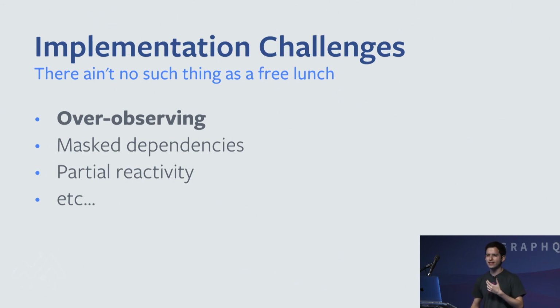Because you're working in a dynamic code base and you can't statically determine these were precisely the things that we need to observe, you run the risk of re-executing your query more frequently than you have to. This could also happen if during your request, maybe you had additional logging, you're computing features for some ranking thing, and you load a little bit more data just to pass it along to your learning backend.